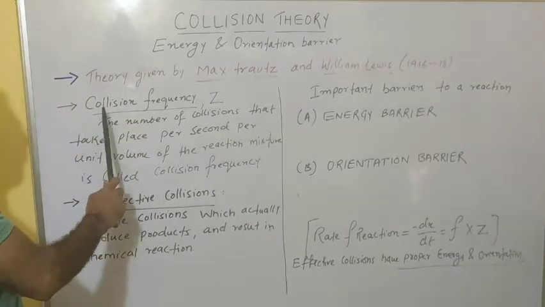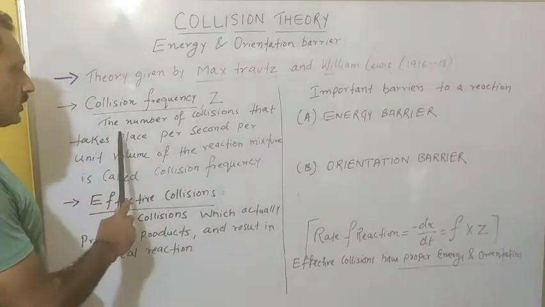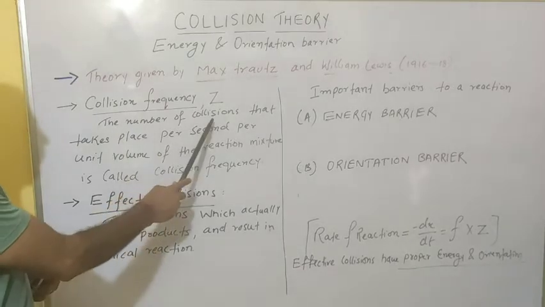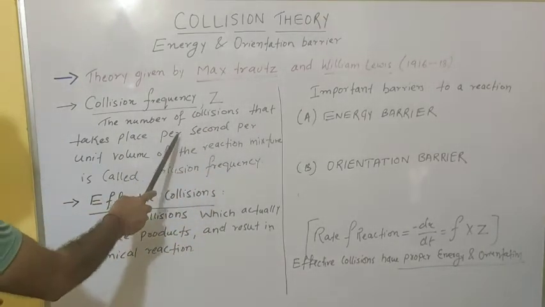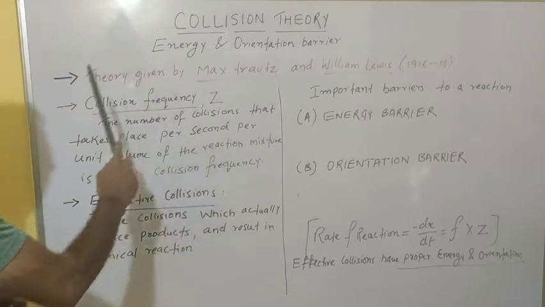A few very important underlying aspects are there in this theory which we'll be discussing. First of all, you must have a clear understanding of what collision frequency is. Collision frequency is the number of collisions that take place per second per unit volume of the reaction mixture.